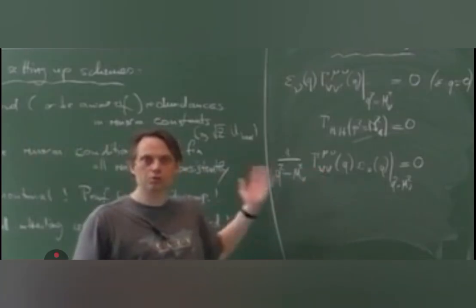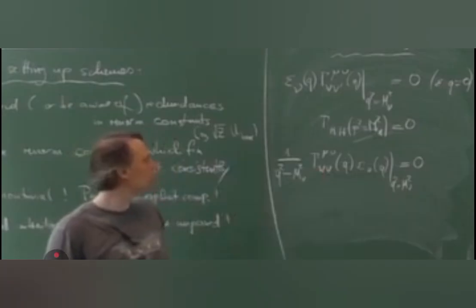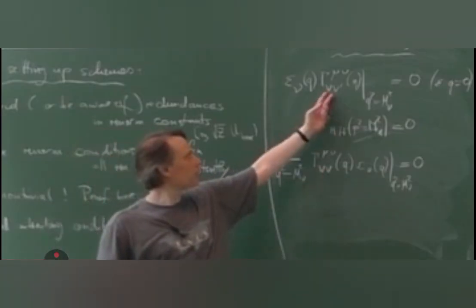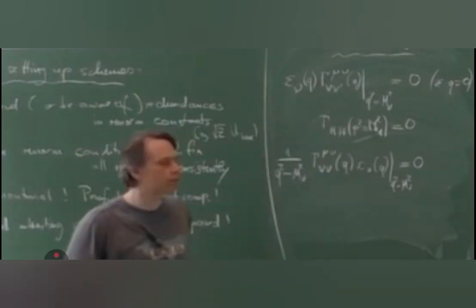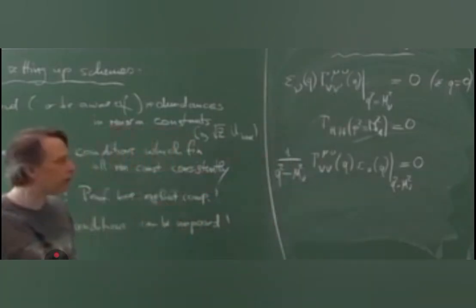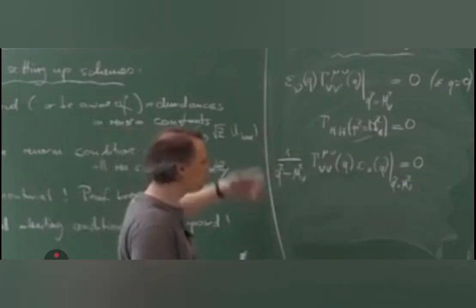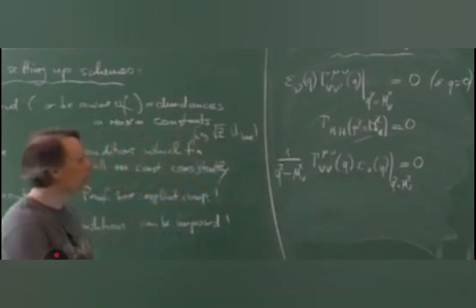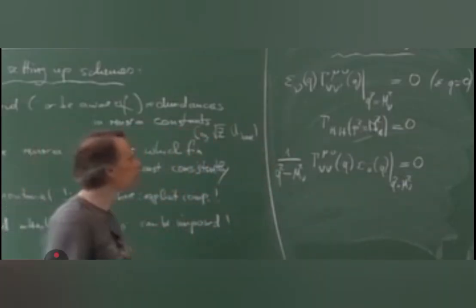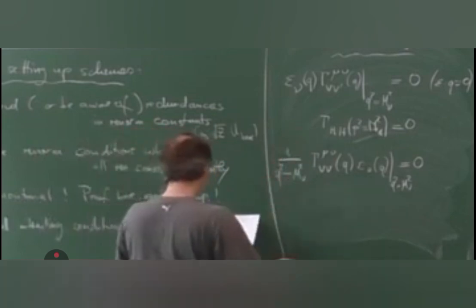That would give too many conditions which cannot be fulfilled. And on the other hand, if you impose that only for the diagonal ones, you do not have enough conditions. So such comments apply, and these are things that you need to figure out by going through the detailed analysis, and we will of course prove that this is exactly the right thing to do.